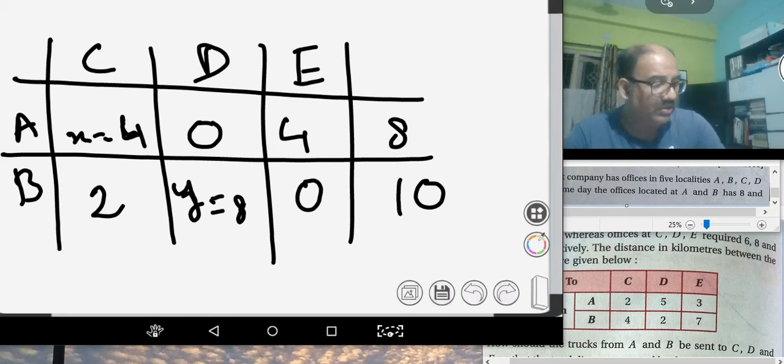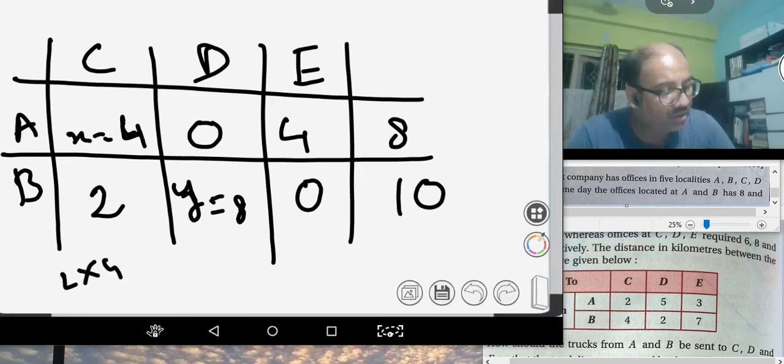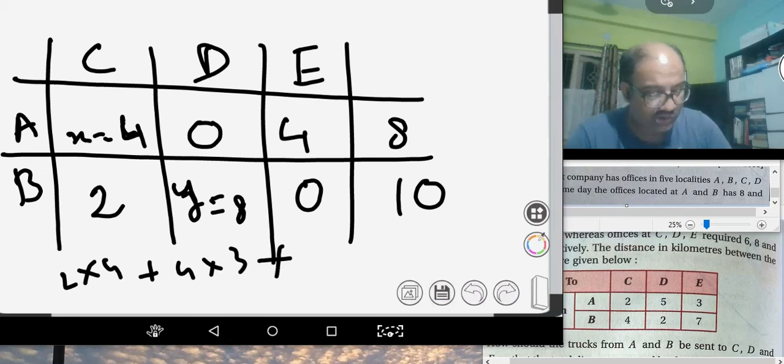That means our solution becomes A to C is 4 trucks, A to E is another 4 trucks, B to C is 2 trucks, and B to D is 8 trucks. By putting it that way, the total cost becomes 2 into 4 plus 4 into 3 plus, again here, 2 into 4 plus 2 into 8.